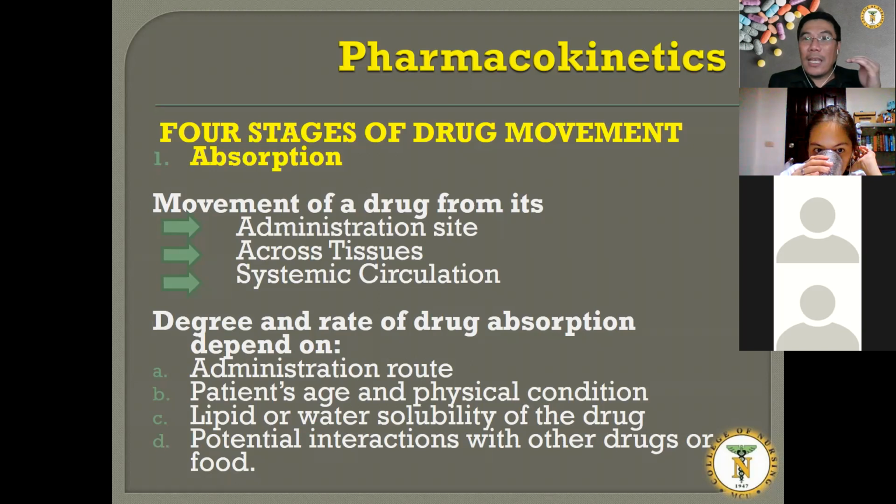No, because it may interact and counteract each other. That's why it must be given at separate times. Sometimes it is given once a day, but 1 in the morning, 1 in the afternoon, 1 before sleeping. Because drugs may have the potential interaction with each other that may affect the potency. So what is the potency that we're referring to? That is referring to the effect of the drug.